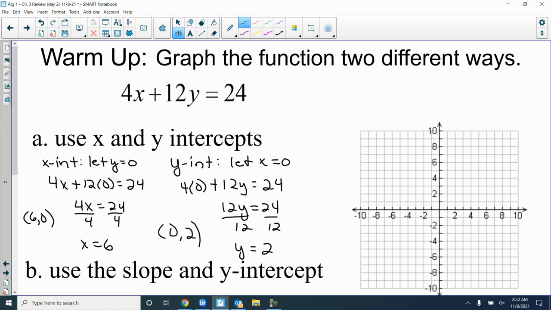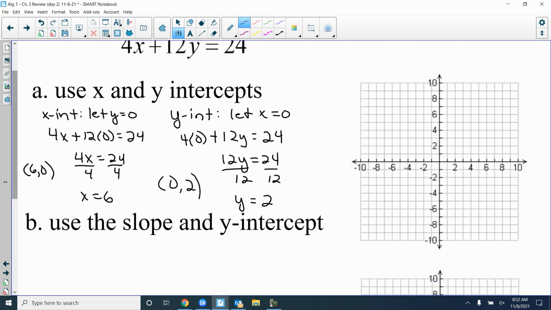All right, now just make an x, y. It doesn't have to be perfect, but make an x, y. I want this graph. So make that on there, and get your intercepts, your x and y. So 6, 0.